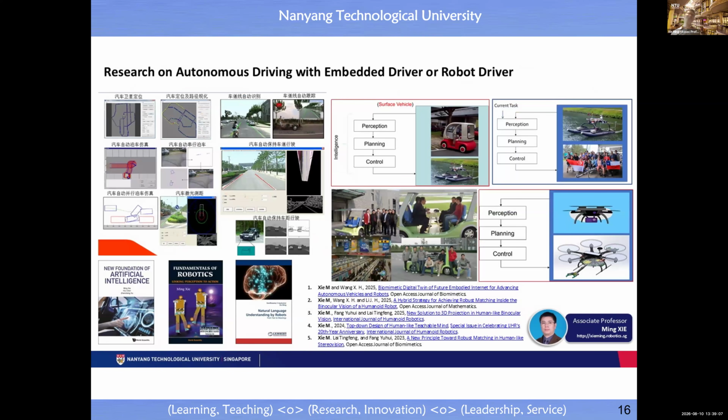Another interesting platform is the autonomous vehicle, which includes the autonomous surface vehicle. NTU now has a robotics team which participates in international competition. This year, the competition will be held in Singapore in November. You have a land vehicle and a surface vehicle, etc. This is a good platform for us to apply AI.